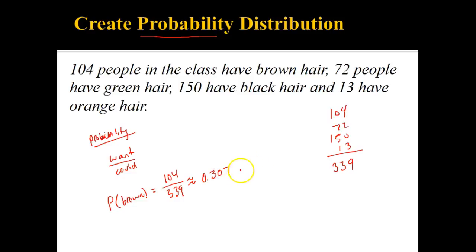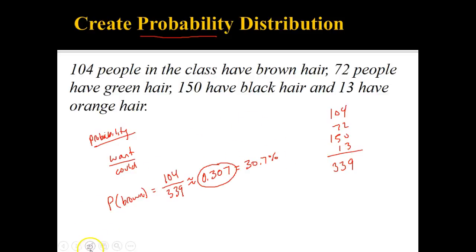So round it to 3 decimal places. So 0.307 is 30.7%. I could have rounded it to 31%, or I could have said 30.68%. I could have rounded off to 4 decimal places, 5, and so forth. So I think this is probably the best. So there's my probability. I'm going to keep it in decimal form for my probability distribution chart.